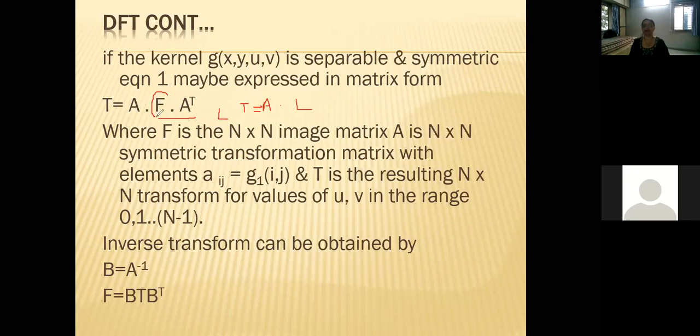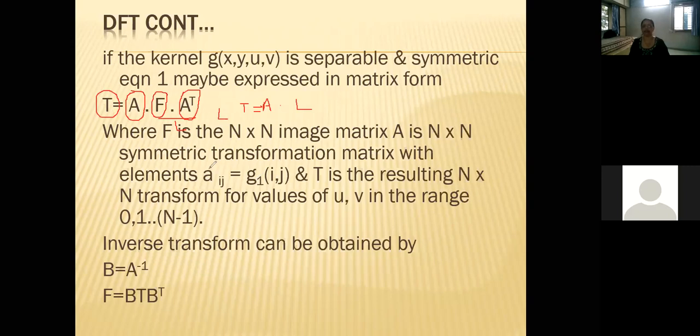First, we multiply the original image F with A transpose, the transpose of the DFT coefficient matrix, and we get the partial result L. Then we multiply this partial result again with the DFT coefficient matrix to get the final transform of image F. Here F is the n by n image matrix and A is the n by n symmetric transformation matrix with elements A_ij equal to G_ij.